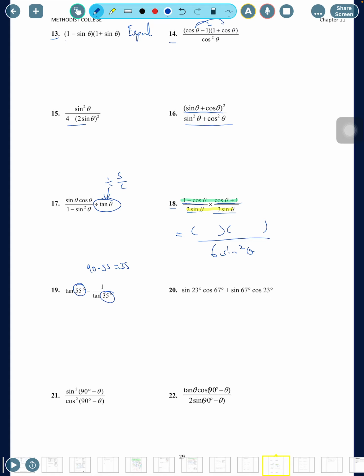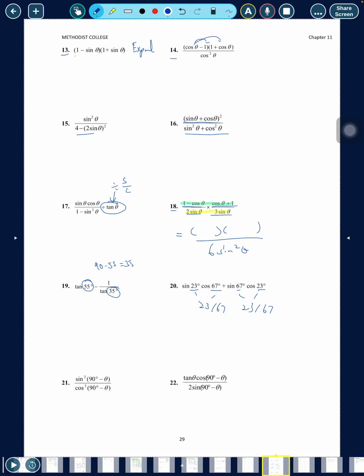And for 20, that's simple, 23 and 67. Turn it into 23, and when all the angles are 23 degrees or all the angles are 67 degrees, you can get the answers.